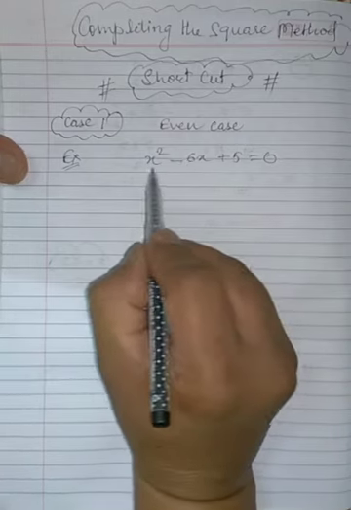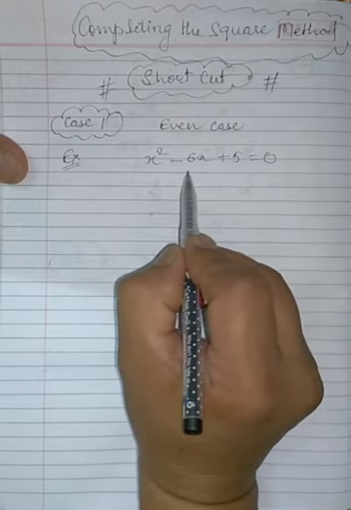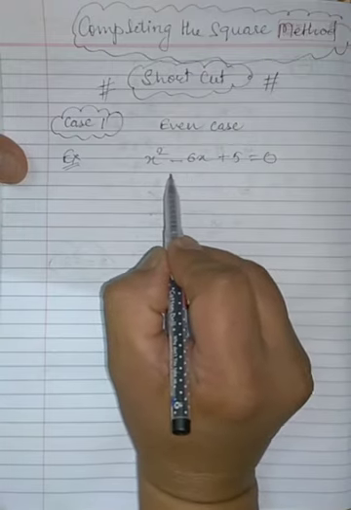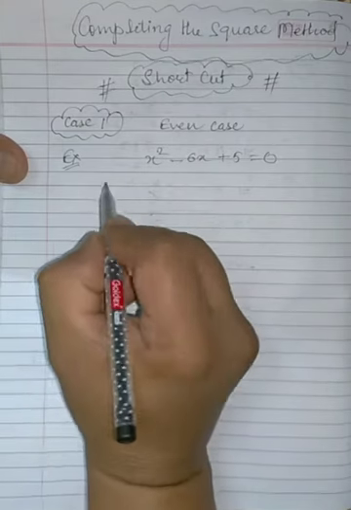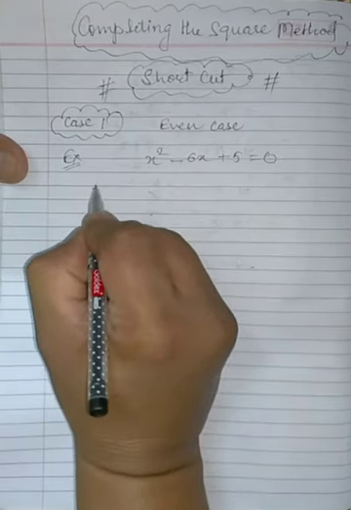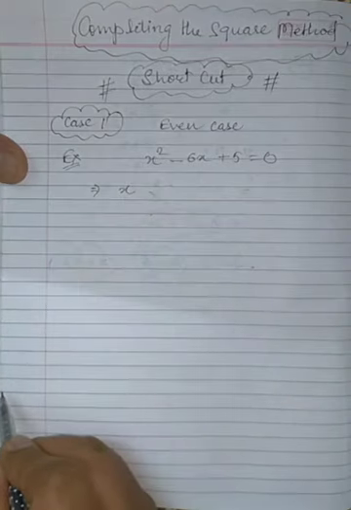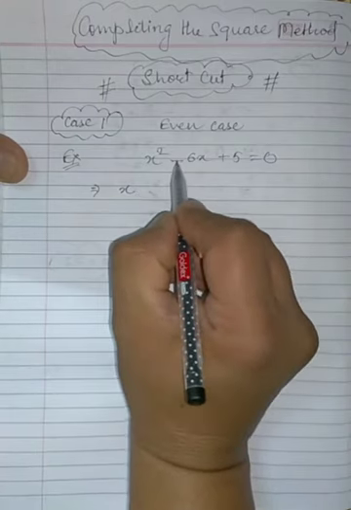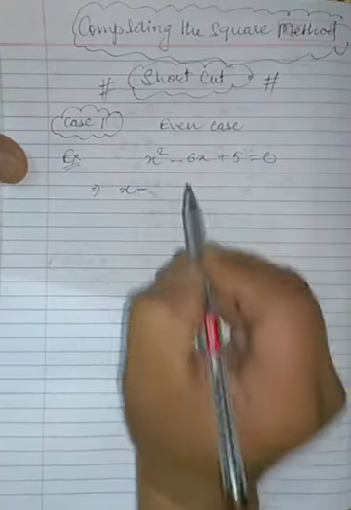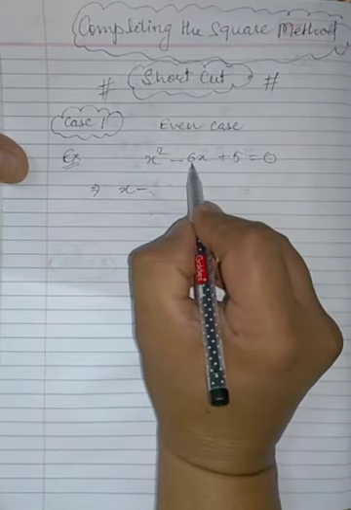Now how to convert this into completing the square? Please listen to me very carefully. First, from x square we will take x. Then you will take this sign. If it is plus, we will take plus. If it is minus, we will take minus. Then you will take half of this number.